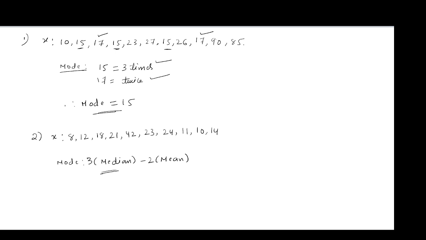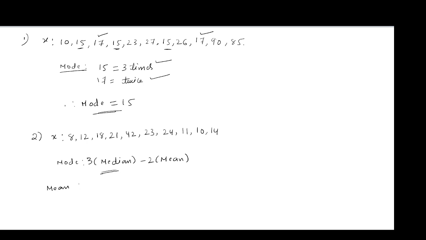If the number is repeated, the number which is repeated maximum number of times gives the value of mode. If the number is not repeated, then we have to use the formula mode is equal to 3 times median minus 2 times mean. That means first we have to find out the median value as well as the mean value. Now let us first calculate the mean value.